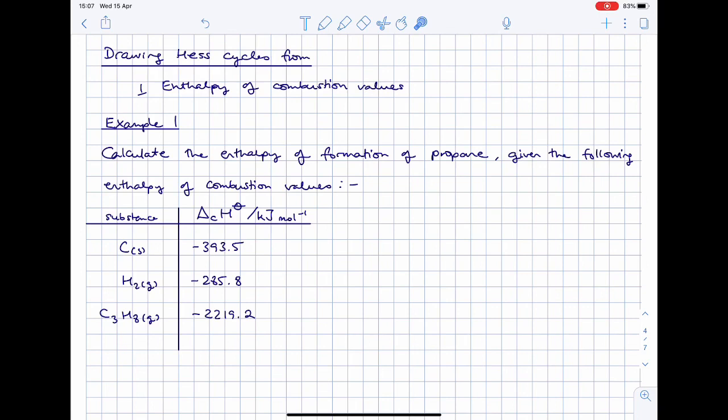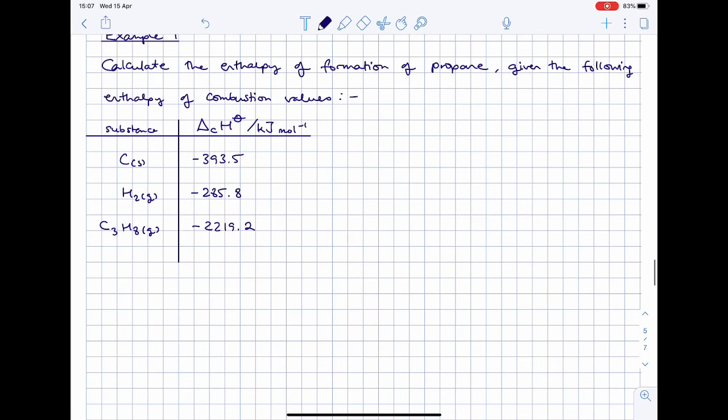So the first thing we're going to do is write the equation for the reaction we want to work out the enthalpy change for, which is this reaction here, and that's the enthalpy of formation of propane. So that's what we're going to do first. Enthalpy of formation of propane is forming 1 mole of propane from its elements. So we balance the equation for 1 mole of propane, and we can even put state symbols in.